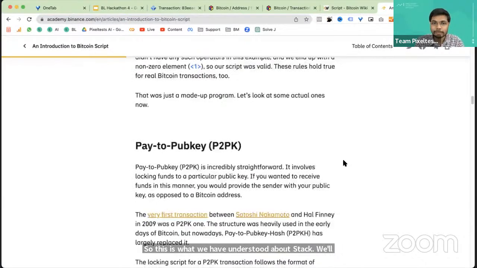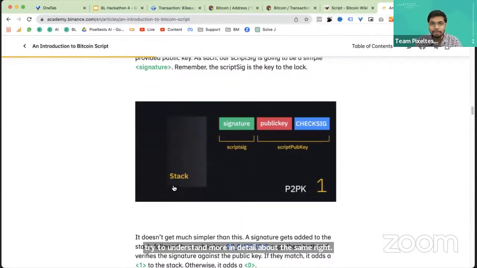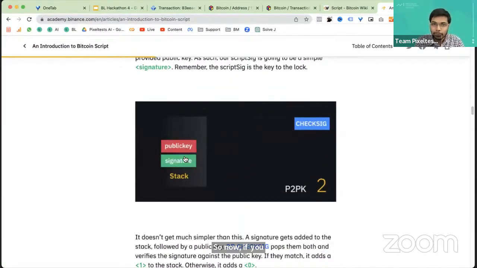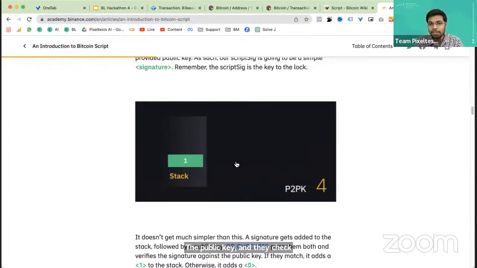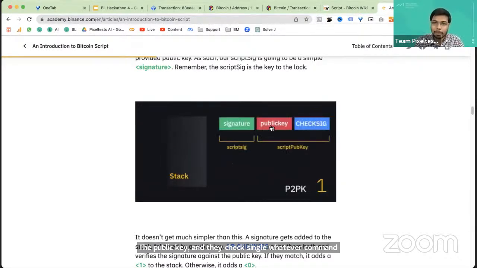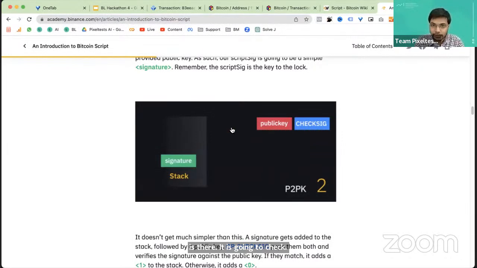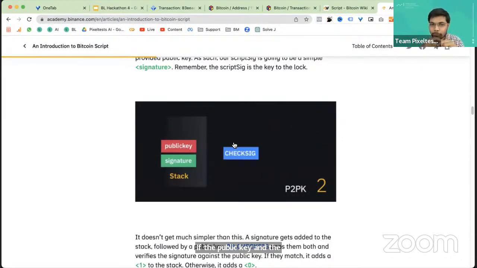So now if you see our example, we are trying to put first the signature, the public key, and the checksig command. It is going to check if the public key and the signature are of the same person, right?